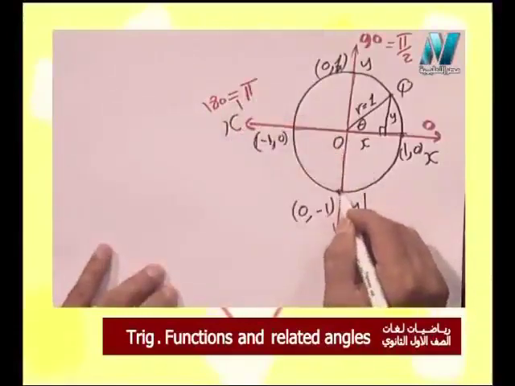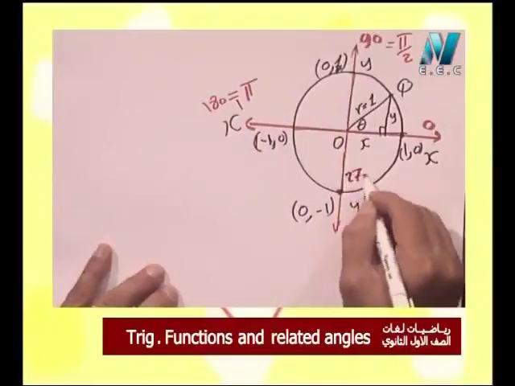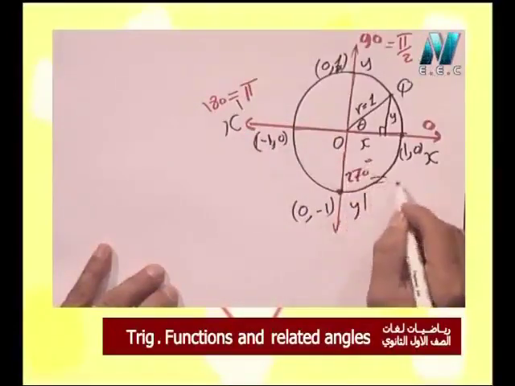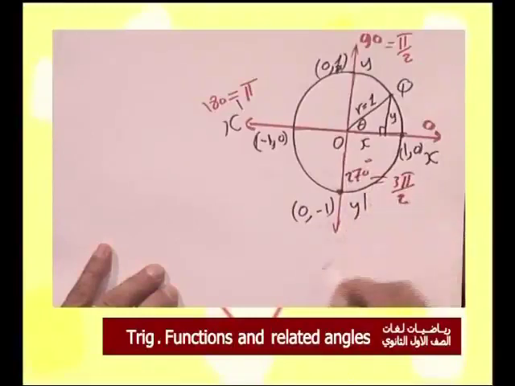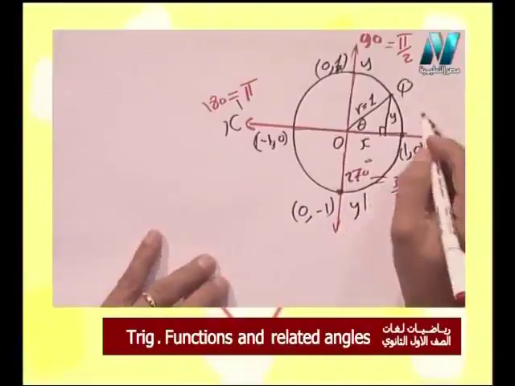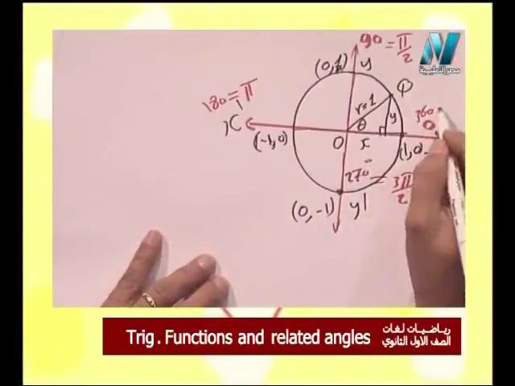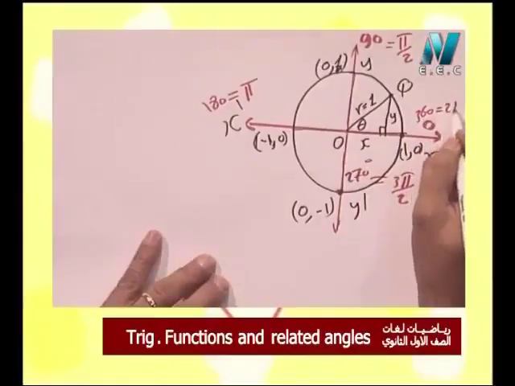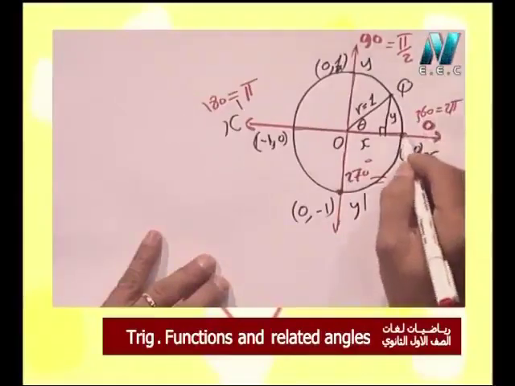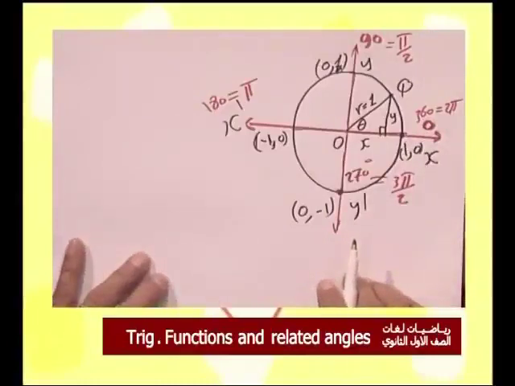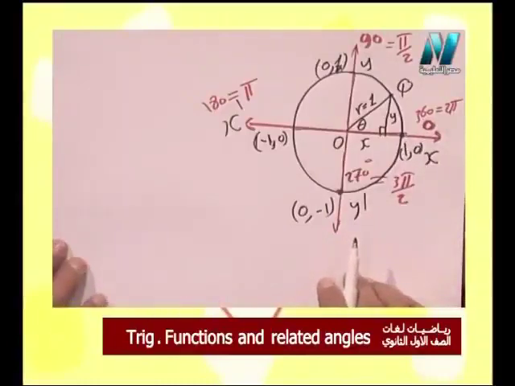Here the angle will be 270 degrees, or 3 pi over 2. And here 360 degrees, which equals 2 pi or 0. Okay?